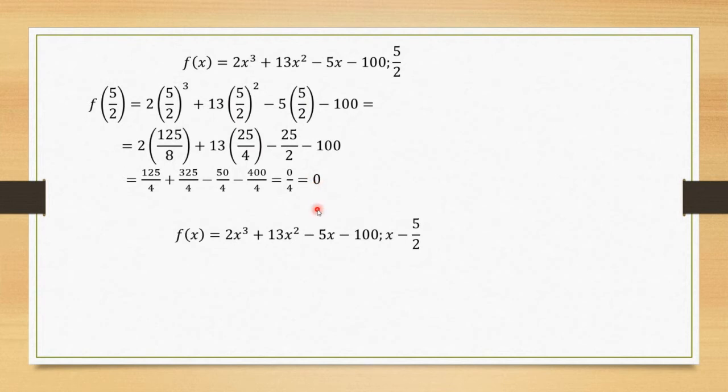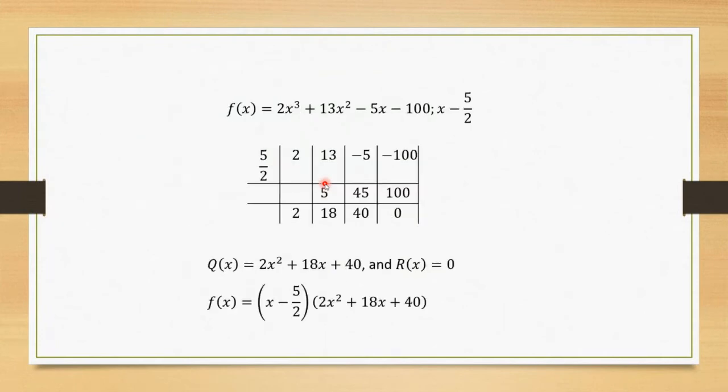Okay, well then let's do some synthetic division. So we have this, and we're dividing by x minus 5/2. So again, 5/2, since we have a minus, that goes here. You don't divide at all because the coefficient of x here is 1.